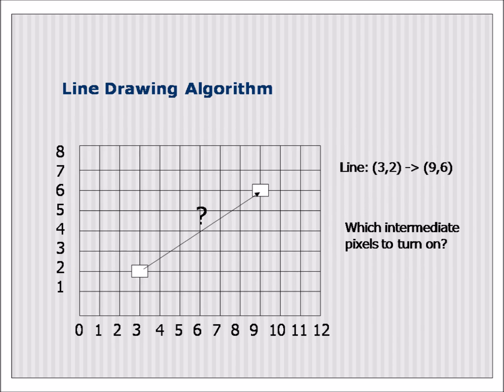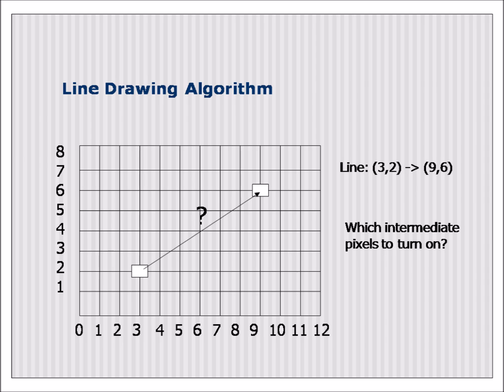The concept of line drawing in raster graphics is depicted on the slide. Here you can see the grid is arranged in 8 rows and 12 columns. For drawing the line, we have specified 2 points, that is, the starting point and the ending point. The starting point of the line is 3, 2, which is the intersection of column 3 and row 2, as you can see on the figure in the white rectangle.